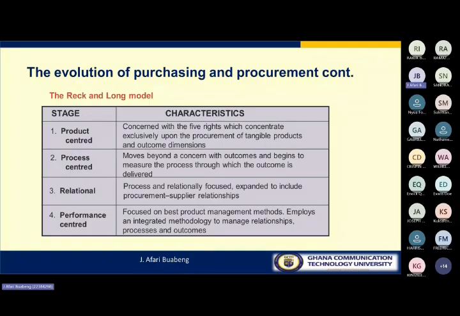So the tangibles, they were interested in their product. Once the product is good, the price is okay, and the quantities are within what we want, that was the procurement focus. This is the first stage of the evolution.